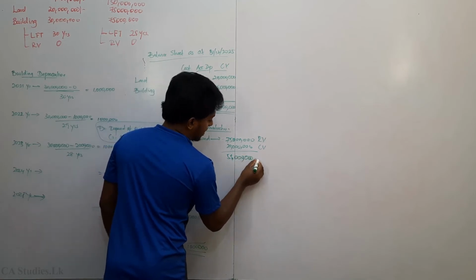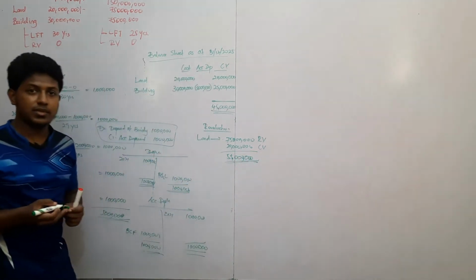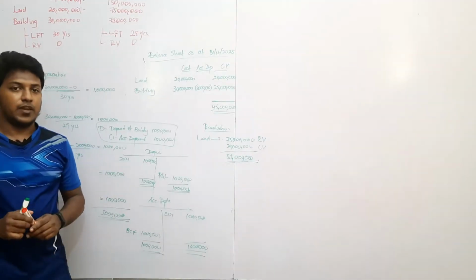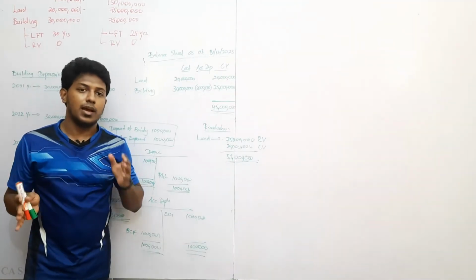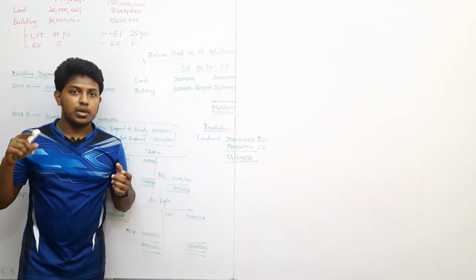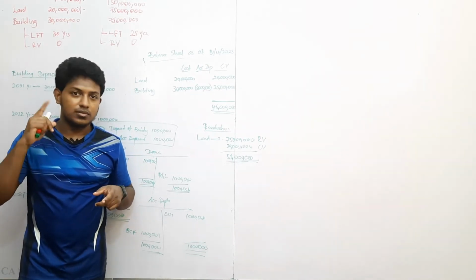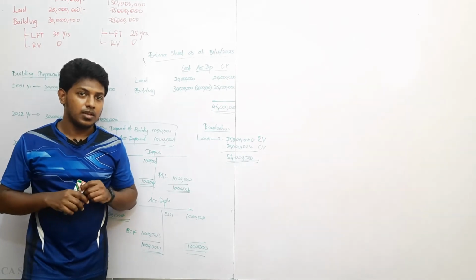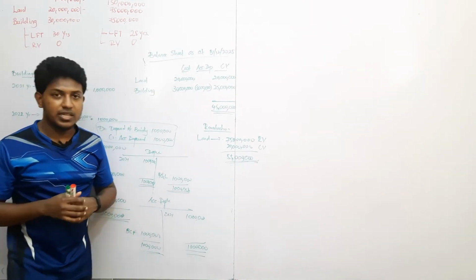Each transaction in the business should have a double entry. If double entries are not there, we cannot record it. For each and every transaction, please, in your mind the double entry should automatically cycle. You have to find out the double entry for each transaction.